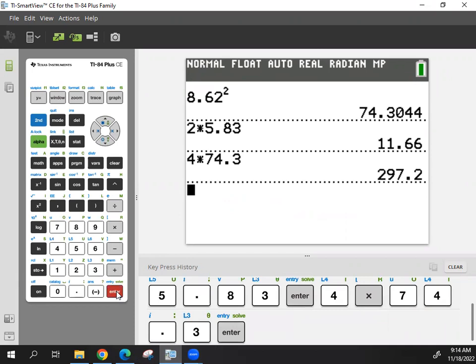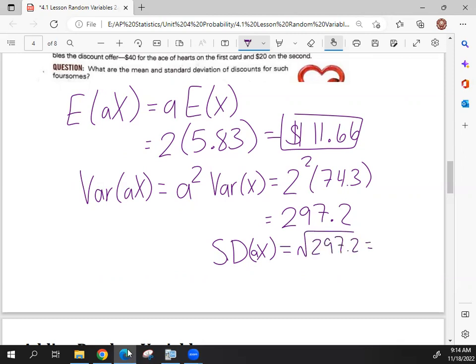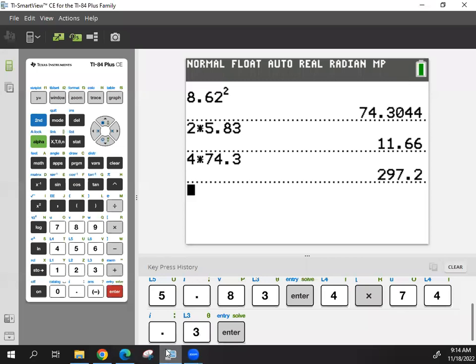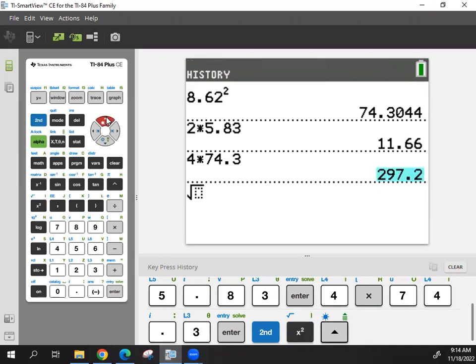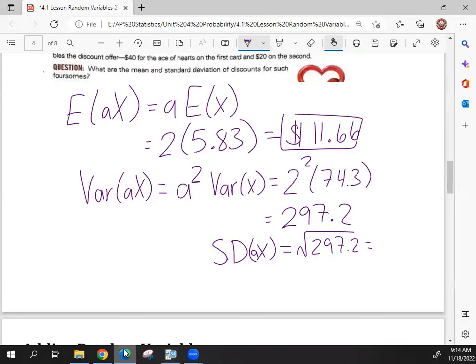So our variance is 297.2. And then the standard deviation is probably what we are more interested in. So we can square root that variance and find out our standard deviation here is 17.24, we'll call it.